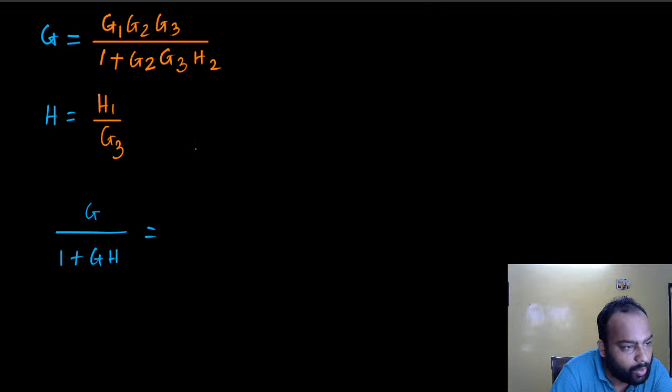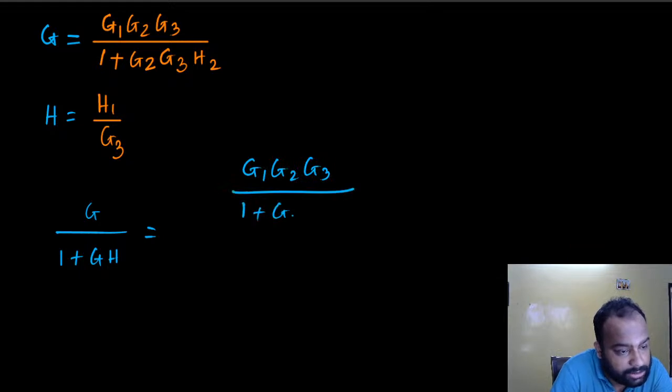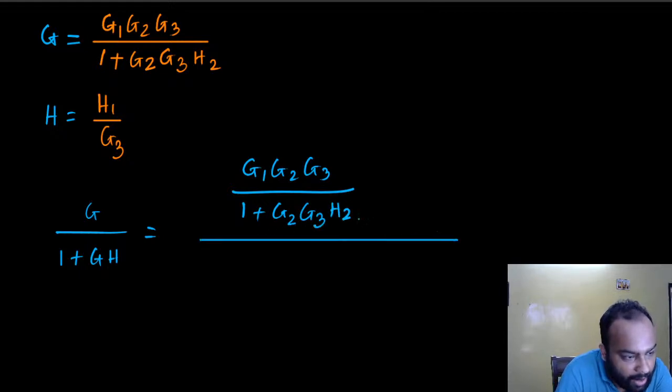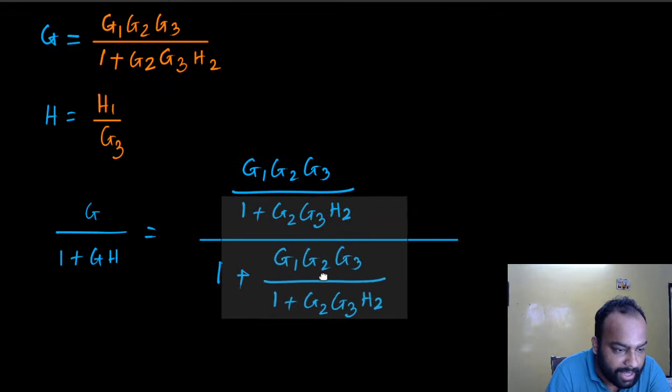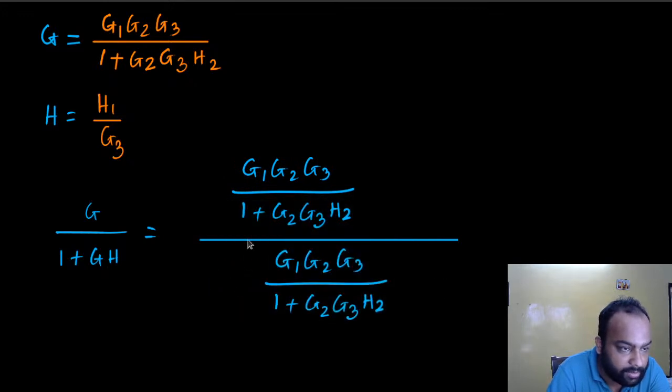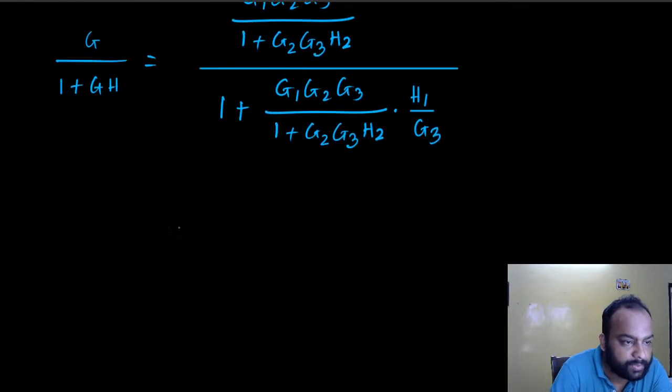So that's going to be equal to G1, G2, G3 divided by 1 plus G2, G3, H2, divided by 1 plus, as long as I can copy paste, I shall copy paste, into H1 by G3, right?